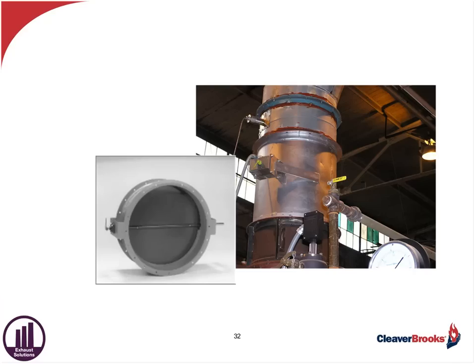Where I really get a lot of variance, I may want to go with an automatic stack damper, which you see right here, that's tied into a pressure sensor. That then measures the amount of negative or positive pressure within that stack and automatically adjusts the damper to suit that variance.